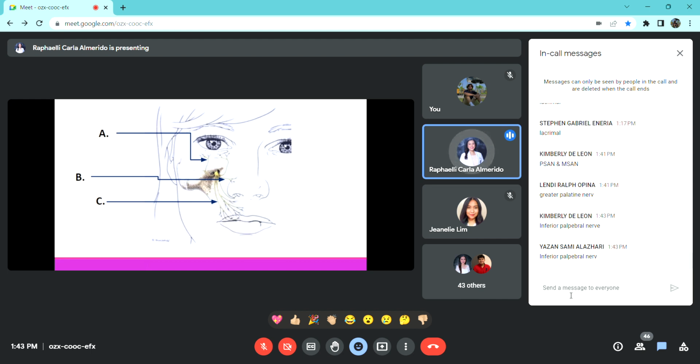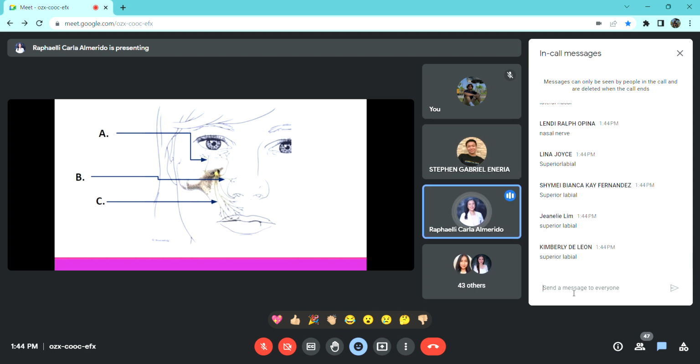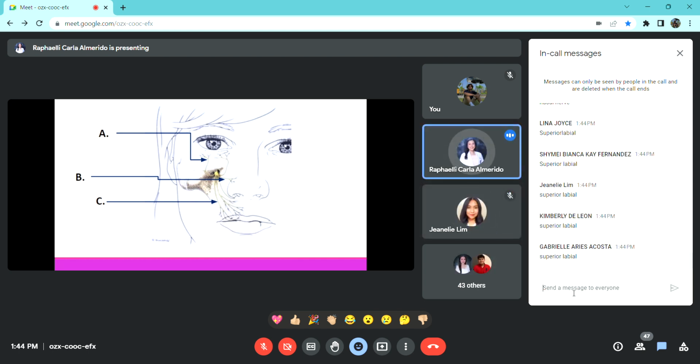Based on its location lang. Sige. Lateral nasal, correct. What's C? Superior labial, o, di ba? Ang dali. Okay, so for some nerves, medyo bonus point na yun for you. Just try to read and read lang talaga or check atlases. Okay?